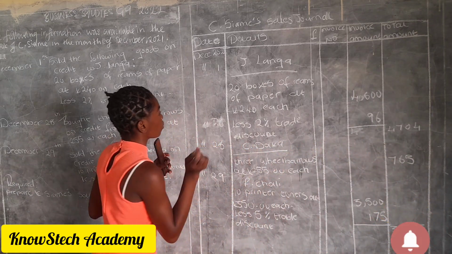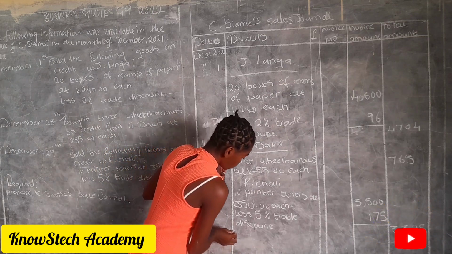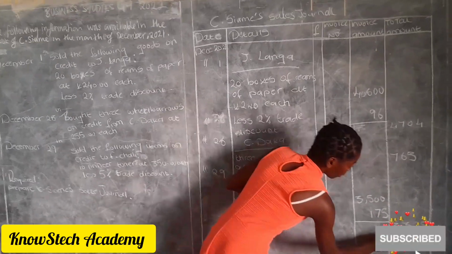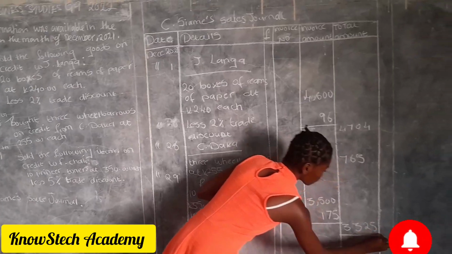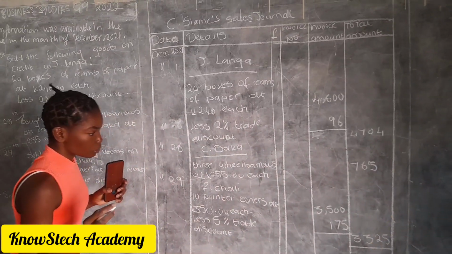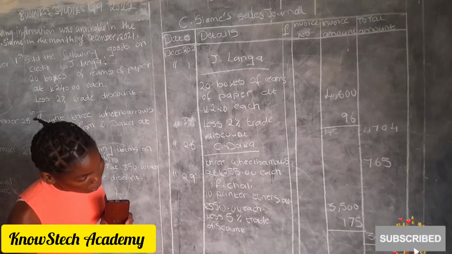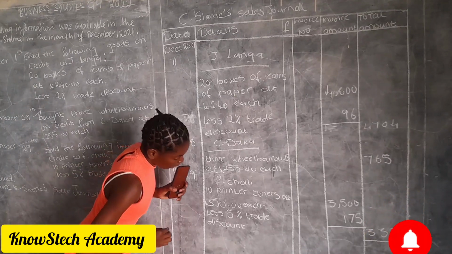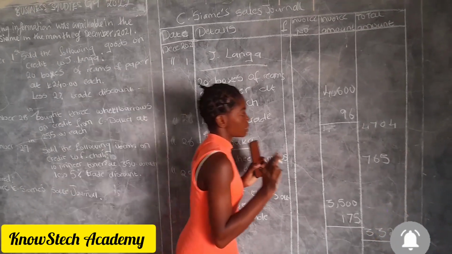So after writing all our transactions, we are going to add all the total amounts together to find the total sales.